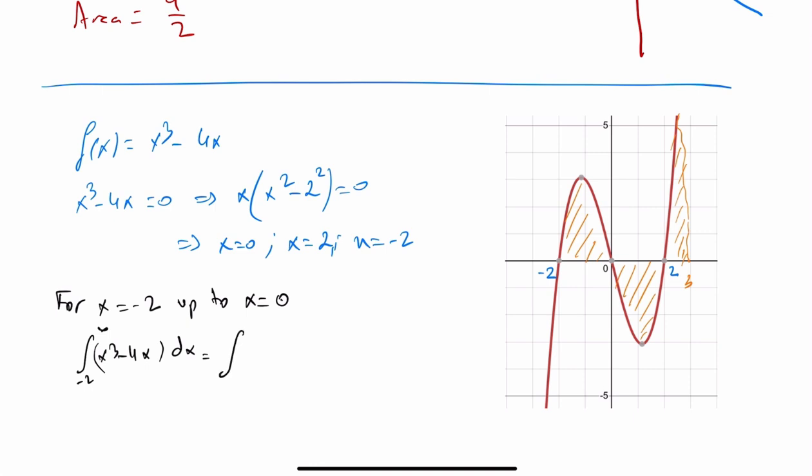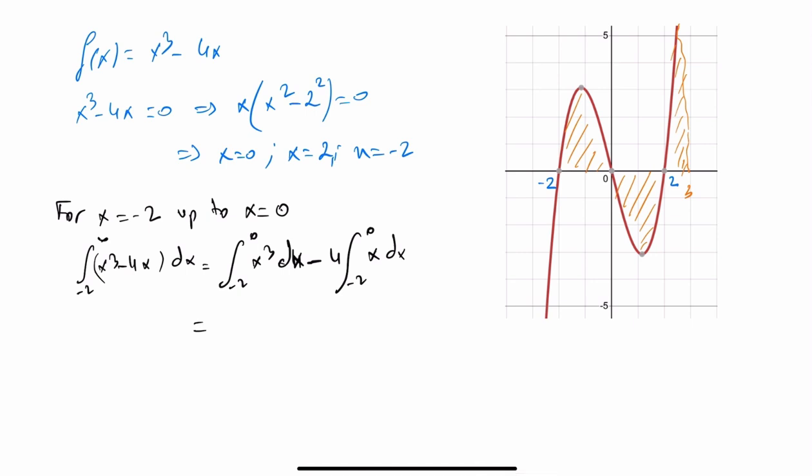is equal to the integral from minus 2 to 0 of x cubed dx minus 4 times the integral from minus 2 to 0 of x dx, and this is equal to x to the 4 over 4 from minus 2 to 0 minus 4 times x squared over 2 from minus 2 to 0.